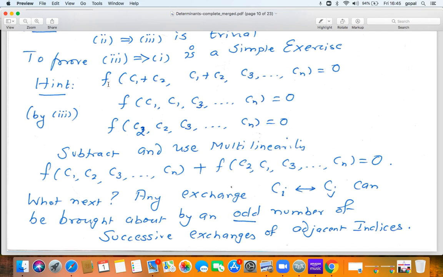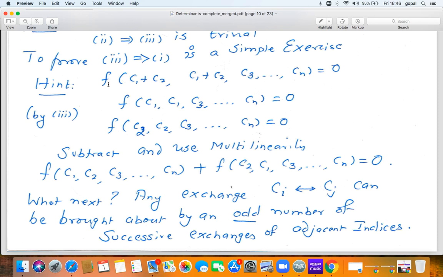It's a permutation, which is a simple transposition of 2 symbols i and j. But this swapping can be brought about by a sequence of adjacent swaps. Is that correct? Suppose, for example, you got 5 things, 1, 2, 3, 4, 5, and I swap 2 and 5.